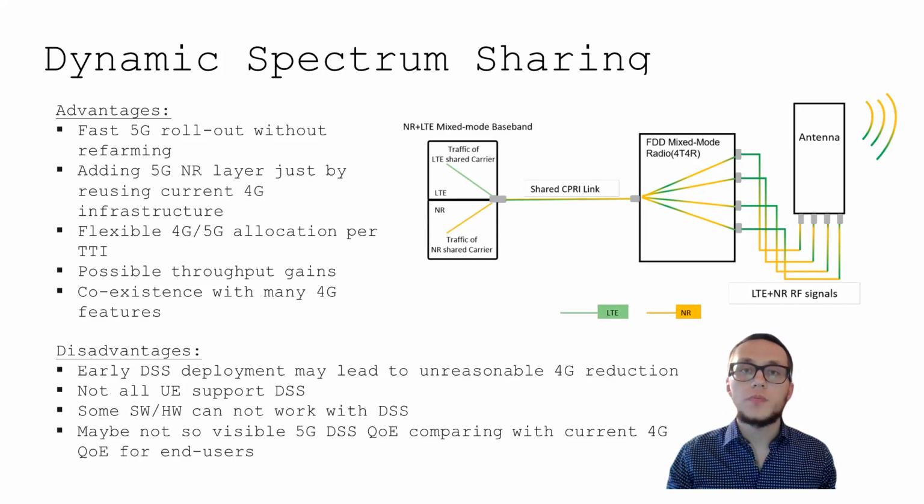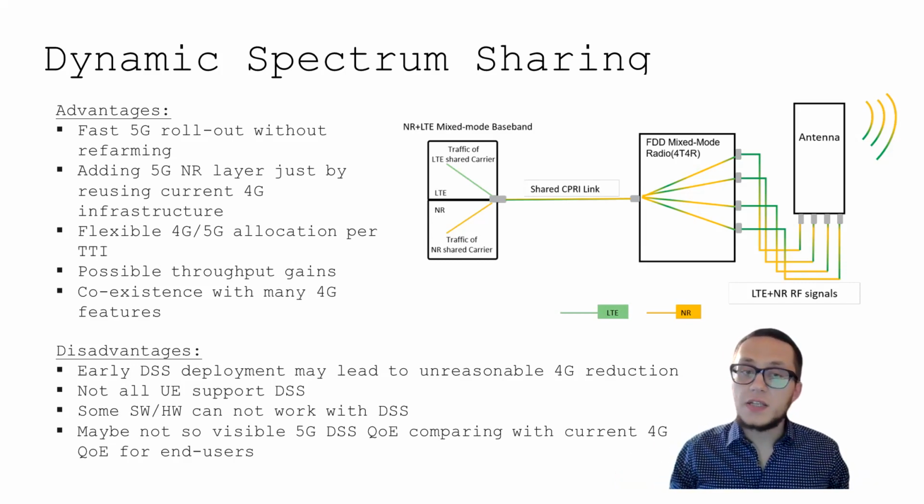So first of all, before DSS implementation in your network, you should be very precise, you should put a lot of analysis to understand how many users support DSS in your network, how heavily loaded 4G cells in your 4G clusters are, let's say so. So this is a very important point. Otherwise, you may get a negative effect of DSS deployment in reduction of 4G capacity.